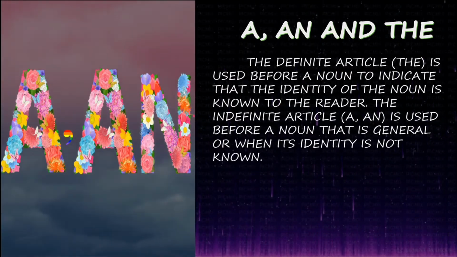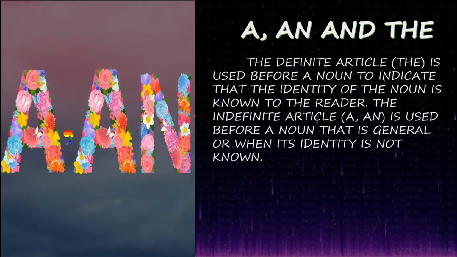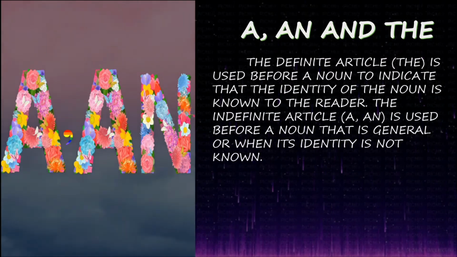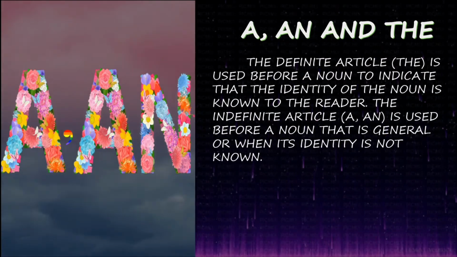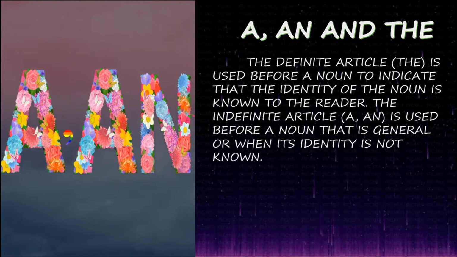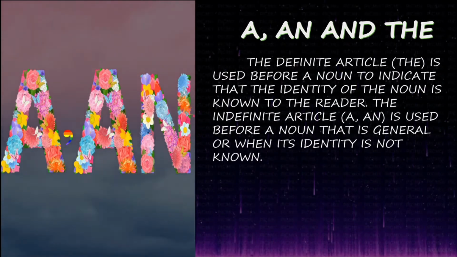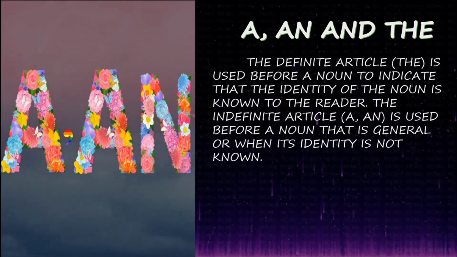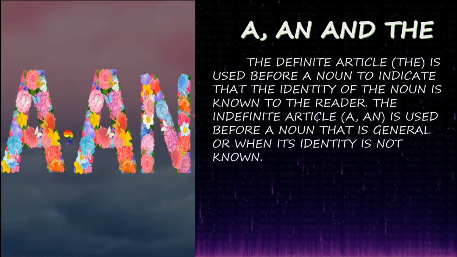The indefinite article a and an is used before a noun that is general or when its identity is not known. It means, children, in articles there are two types, that is definite articles and indefinite article. Okay, definite article is the and indefinite articles is a and an.